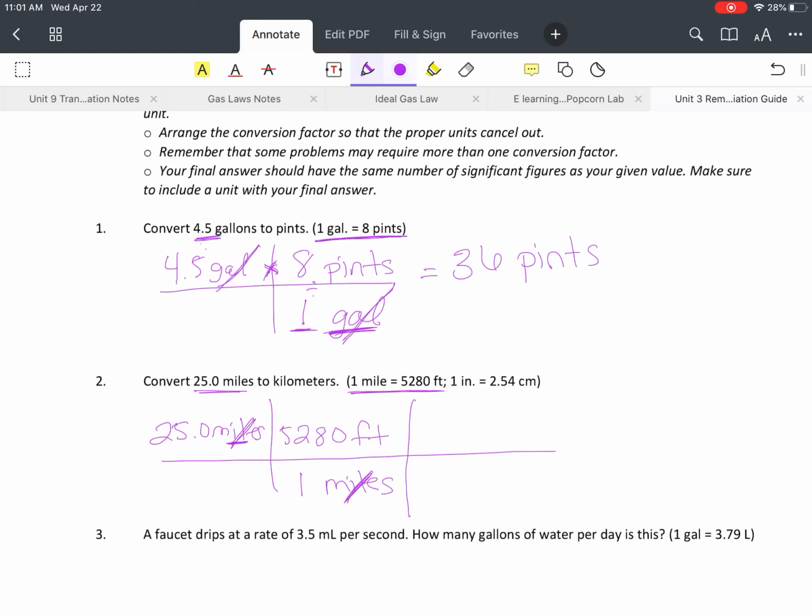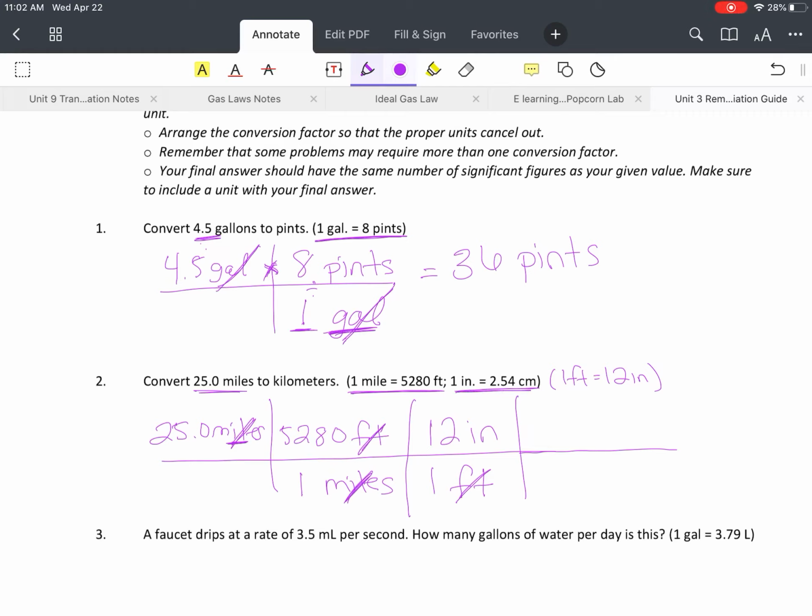So what needs to go down at the bottom? I know I'm going to have to have feet. And I guess I didn't write it on here. I'll have to go back and add that. 1 foot equals 12 inches. So my feet cancel.